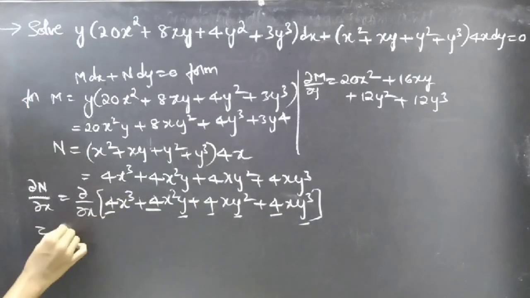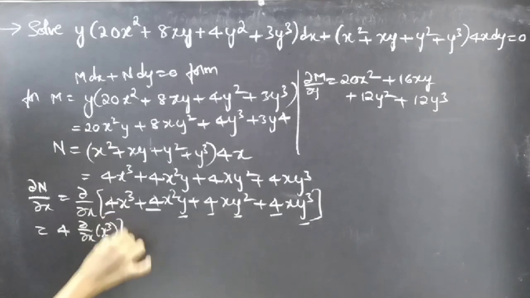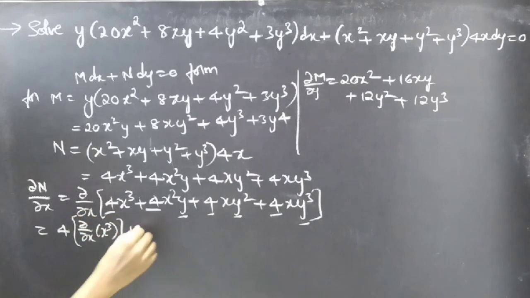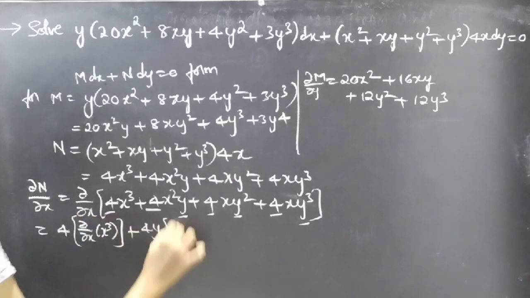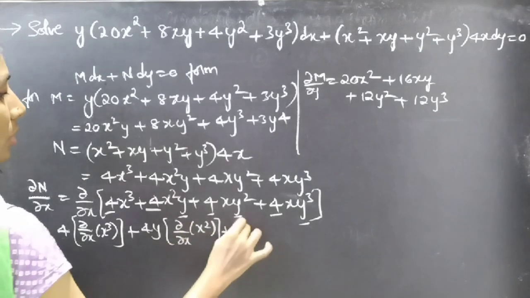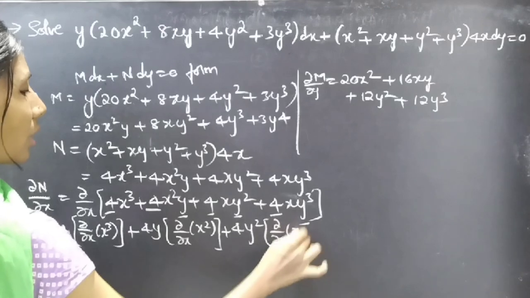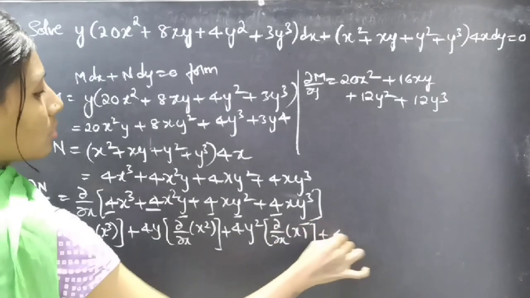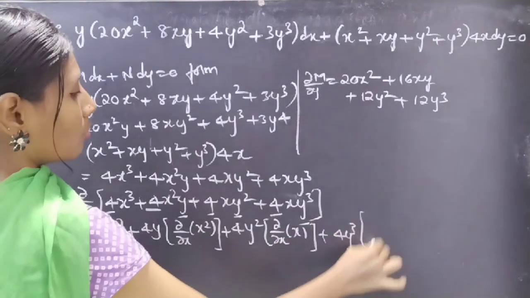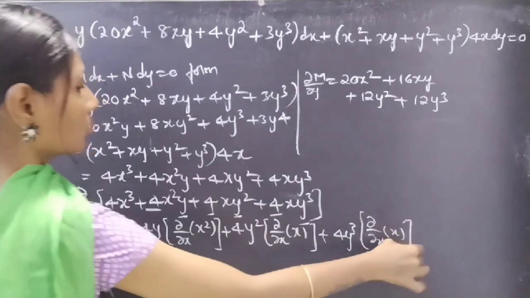So we can write this as constant into the partial derivative of x³ with respect to x, plus constant 4y into the partial derivative of x² with respect to x, plus constant 4y² into the partial derivative of x with respect to x, plus constant into the partial derivative of x with respect to x.